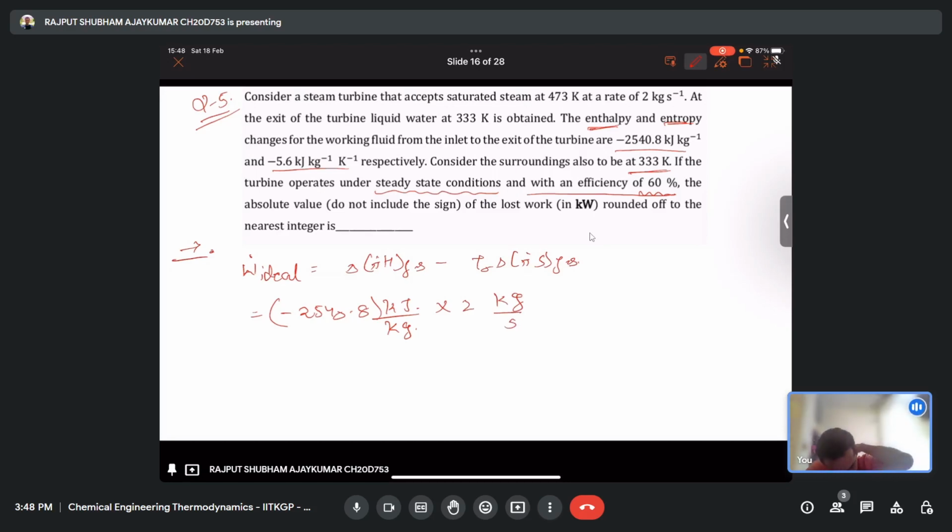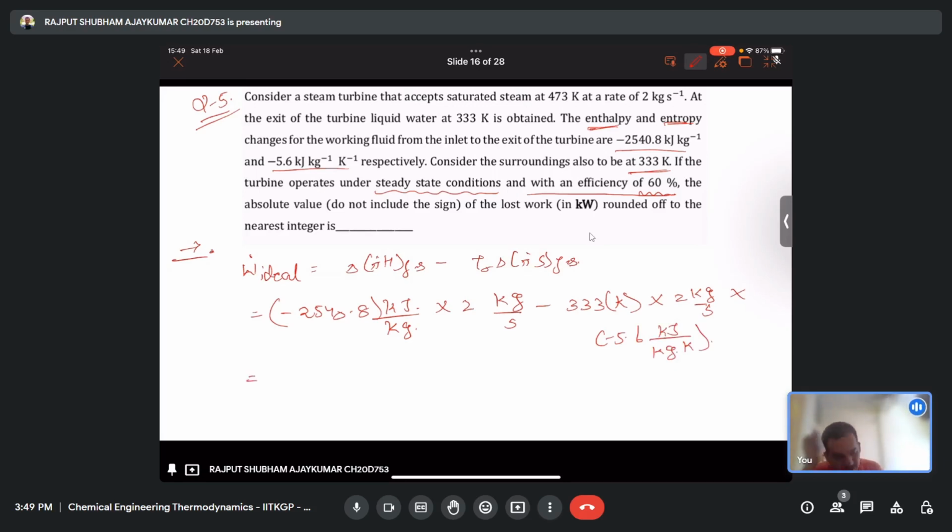T is given as 333 Kelvin, times 2 kg per second, times minus 5.6 kilojoule per kg Kelvin.